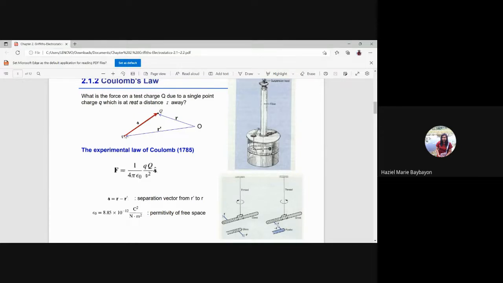So this is a vector, the vector difference between r and r prime. So r minus r prime is your separation vector r. And take note that epsilon naught is a constant, equal to 8.85 times 10 to the minus 12 coulomb squared per newton meter squared. It is called the permittivity of free space.